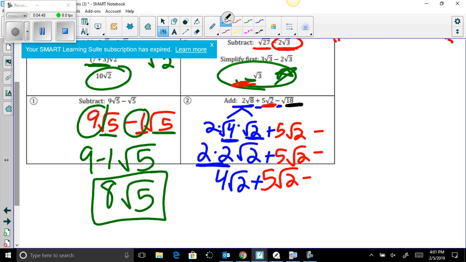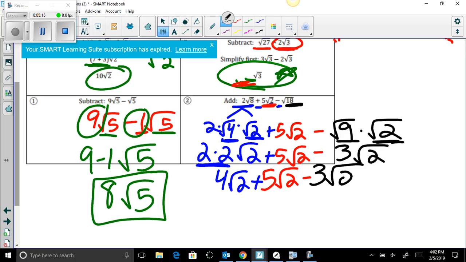Is 18 a perfect square? No, it's not. So ask yourself, what 2 numbers multiply to give me 18, one of them being a perfect square, so I can go ahead and simplify. And it is radical 9 and radical 2. What's the square root of 9? It's 3. I lose the radical when it's a perfect square. What's the square root of 2? I don't know, and I can't simplify it anymore, so leave it.